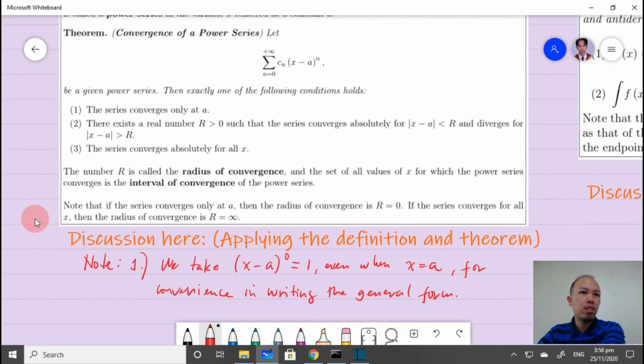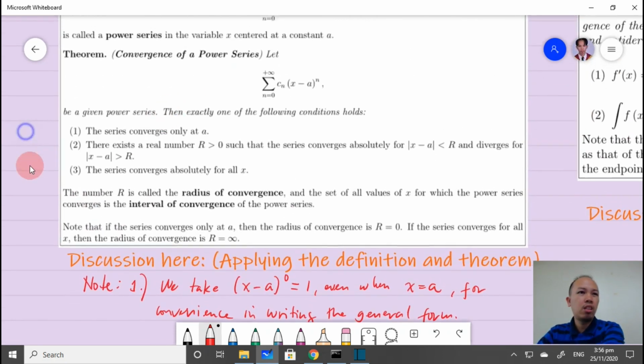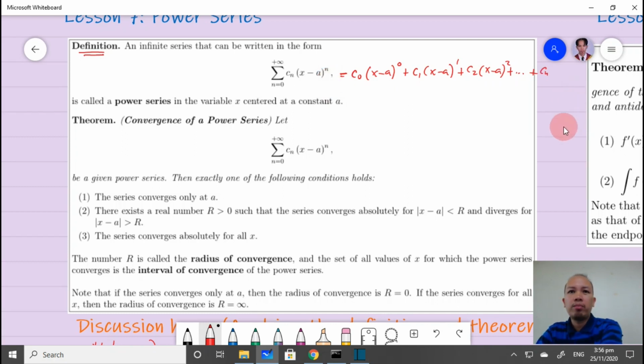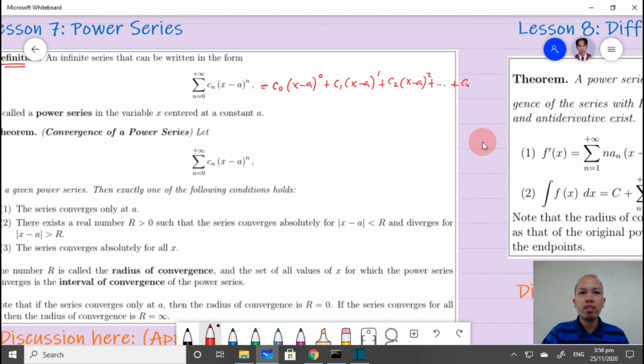If you expand this summation, you can write it as c sub 0 times x minus a to the power of 0, plus c sub 1 times x minus a to the power of 1, plus c sub 2 times x minus a to the power of 2, and so on and so forth, up to c sub n times x minus a to the power of n, plus dot dot dot.